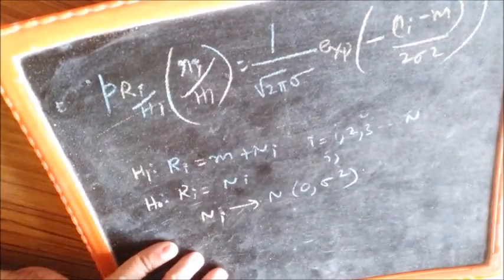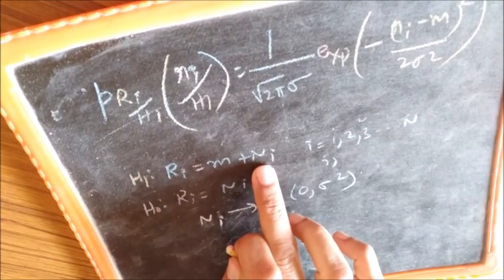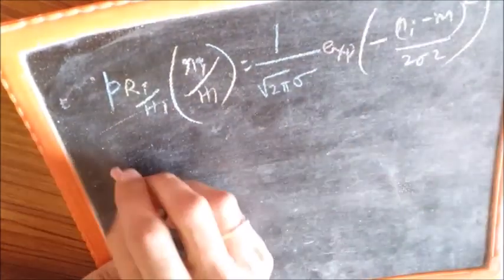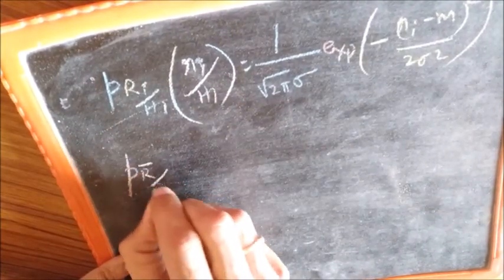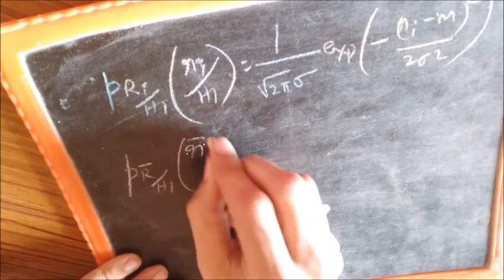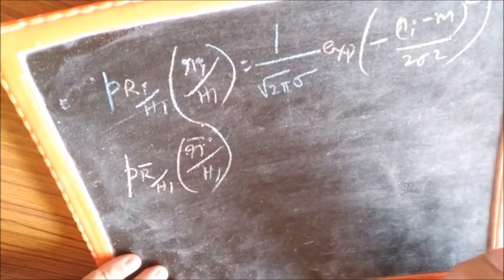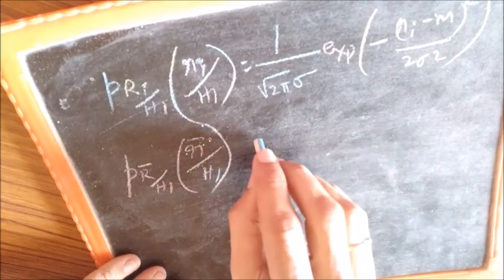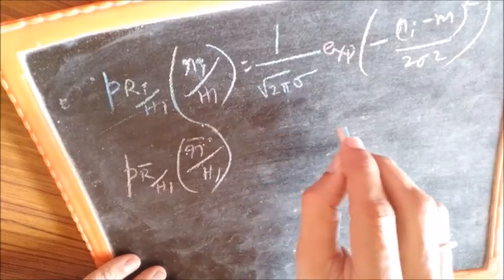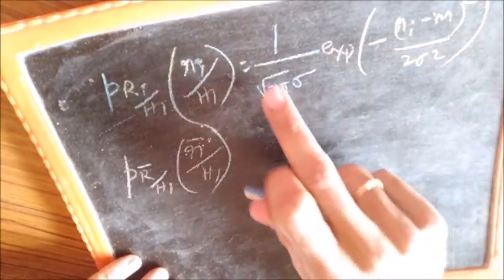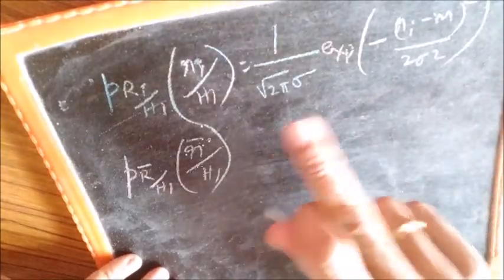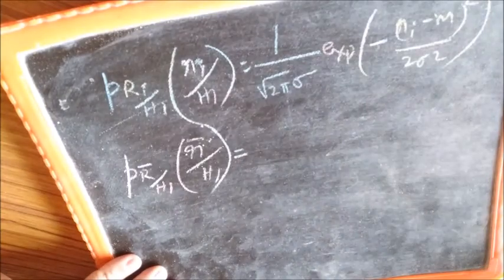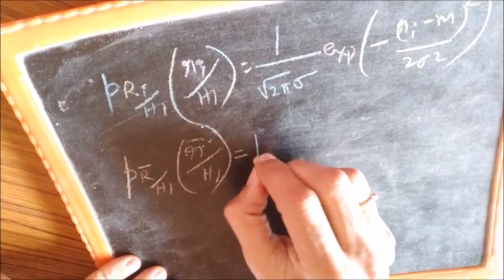And since each of these noise samples is statistically independent, when you try to find the conditional density function of the received random vector when H1 is the true hypothesis, you are actually trying to find the joint density function of R1, R2, R3, R4 up to Rn. Since each of them has this density function and they are statistically independent, you will simply end up multiplying these n times.